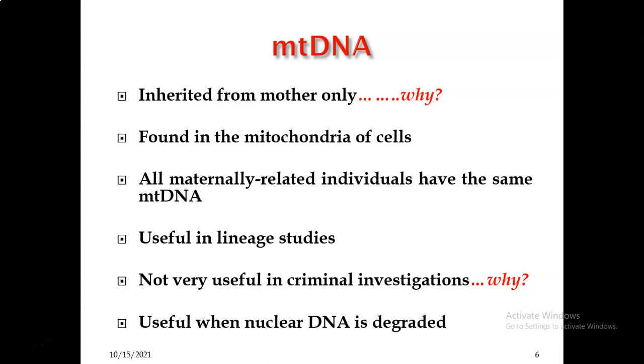And normally the mitochondrial DNA of a sperm is found in the tail. And since the tail is left out, it means the father is going to contribute only nuclear DNA to the fetus. That is why we say it is only the mother that contributes her mitochondrial DNA to the child.